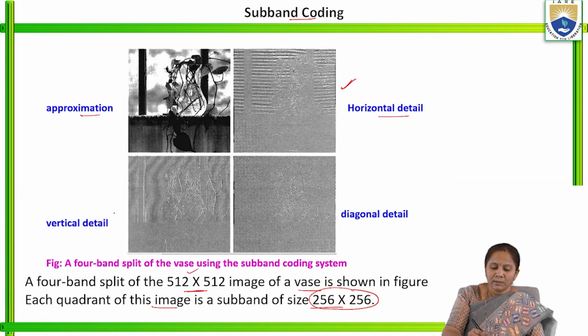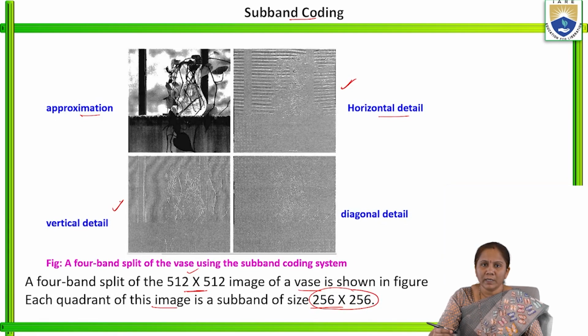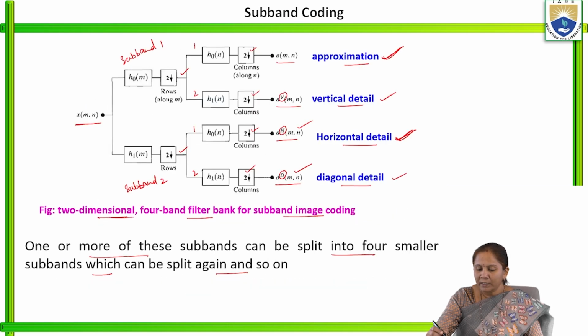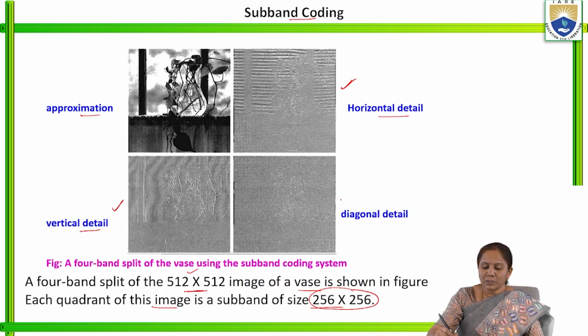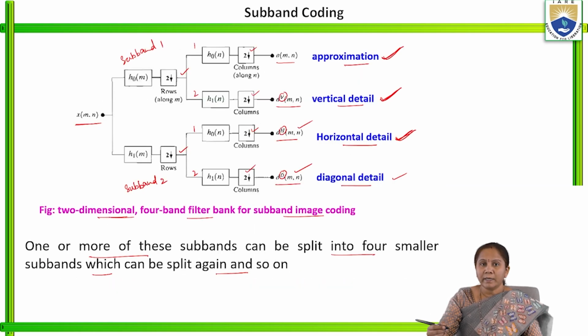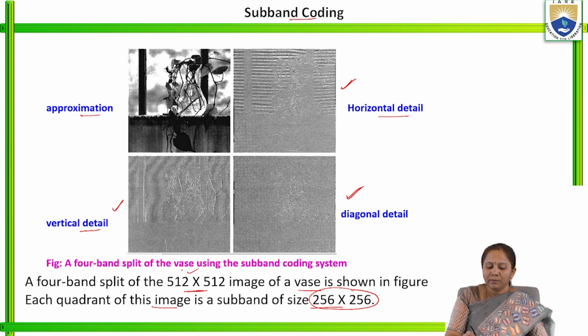This figure shows the vertical detail, and that picture comes from this band. And the last one is the image which represents the diagonal detail. That means the diagonal detail picture can be observed from this band. So this is the 4-band split of the vase using a subband coding system.